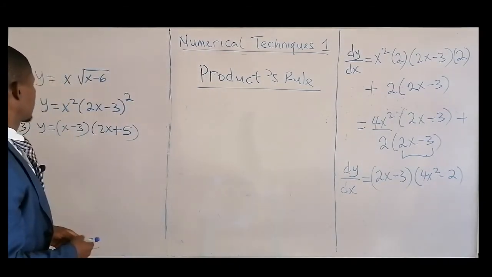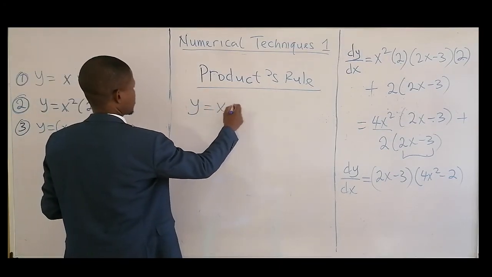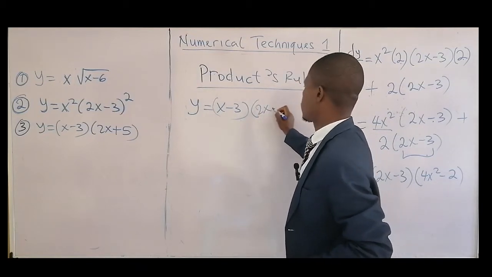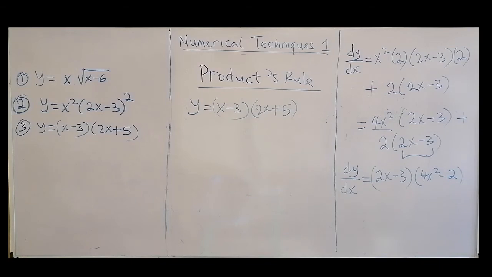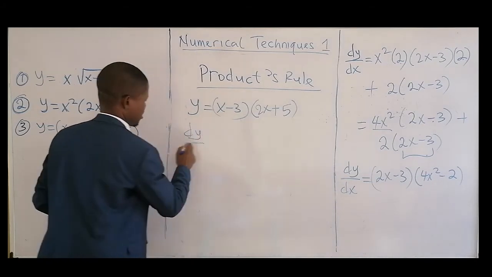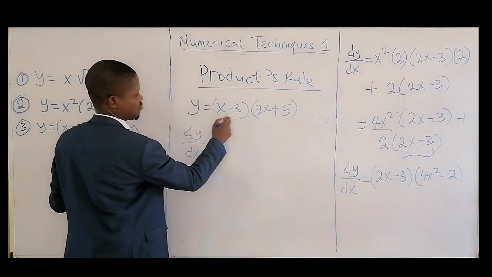Next question is what? y equal to (x minus 3) times (2x plus 5). Okay, so that's the question. Then to get the derivative, the dy/dx will be equal to, you keep one constant.